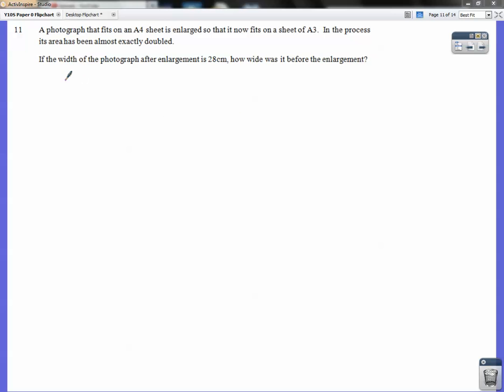So we've got the area scale factor is 2, and you should know that the area scale factor is the enlargement scale factor squared. So if the area scale factor is 2, the enlargement scale factor must be the square root of 2, because the square root of 2 times the square root of 2 is 2.